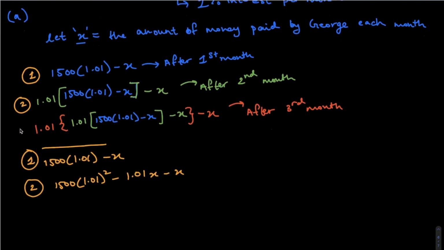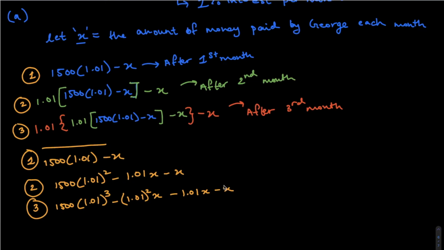And then number three here, what I'm going to have is 1500 times 1.01 raised to the power 3 minus 1.01 squared x minus 1.01x minus x again.